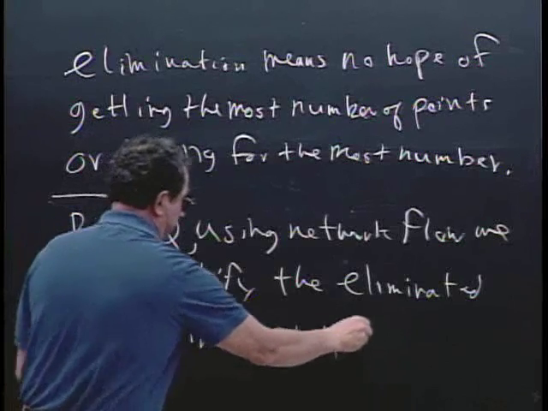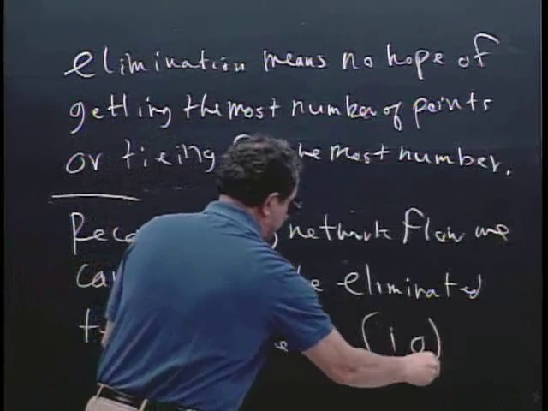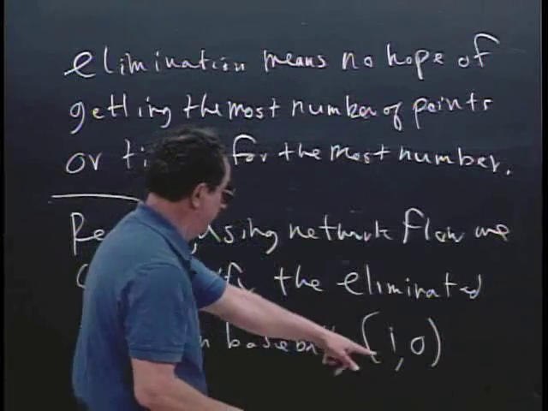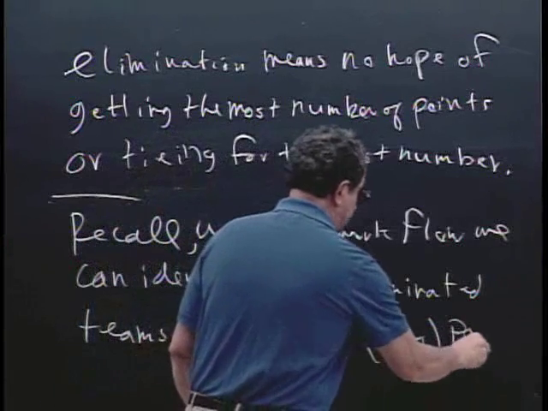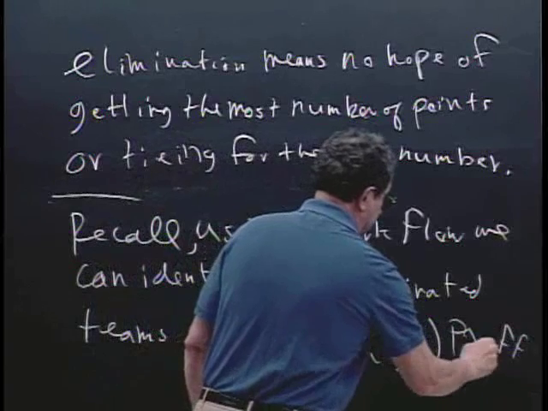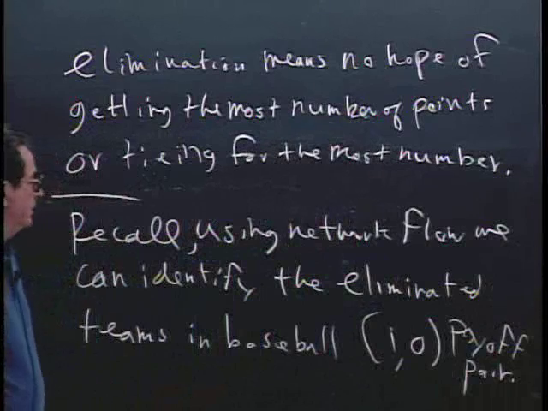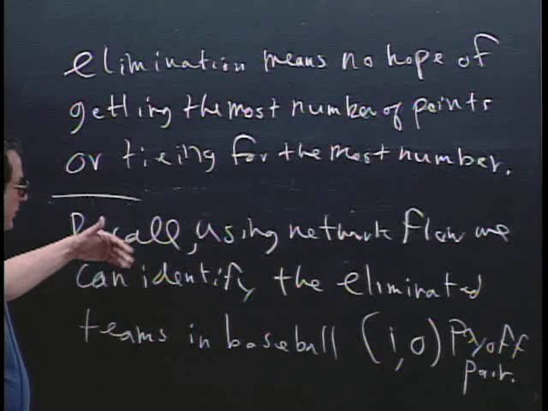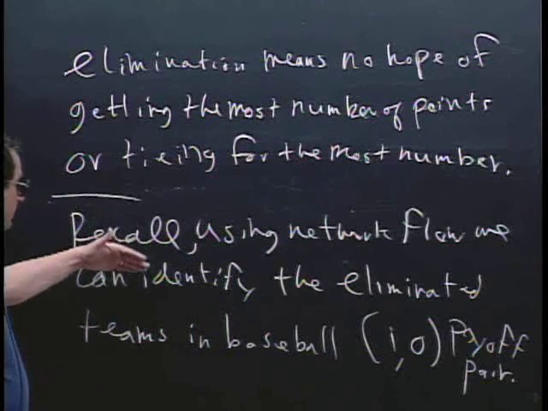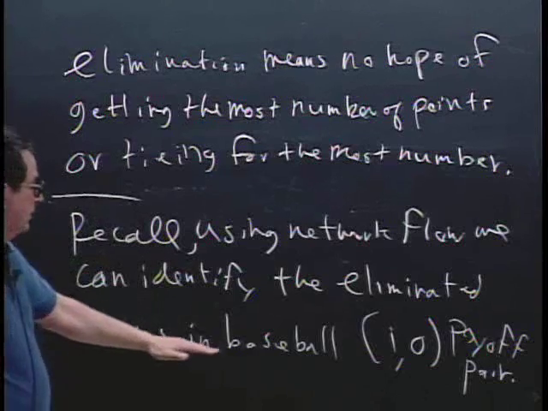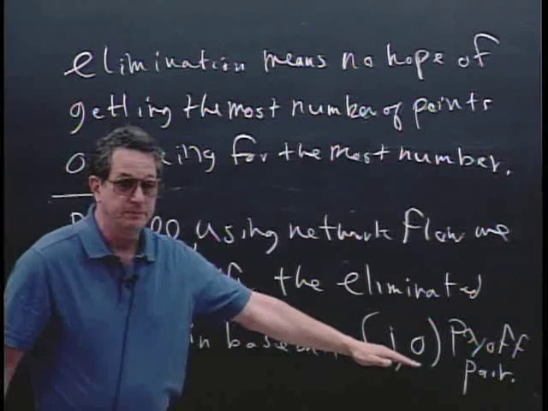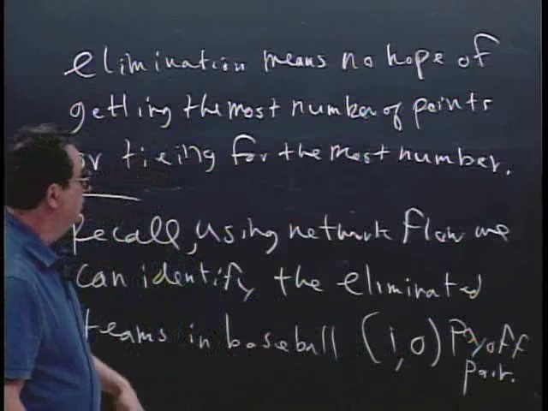So that means in the scoring scheme where there's a payoff pair of 1, 0. Okay? So there's a polynomial time algorithm, an efficient algorithm that identifies all of the eliminated teams under the baseball scheme. And it used network flow.